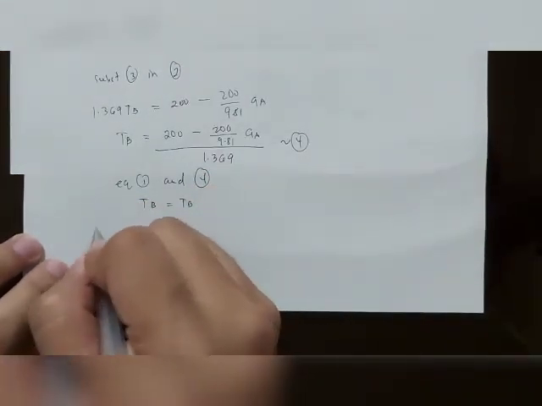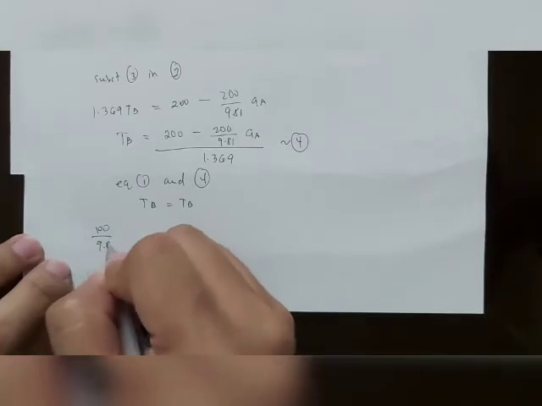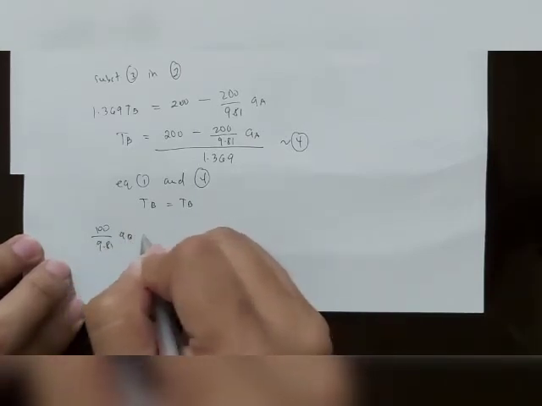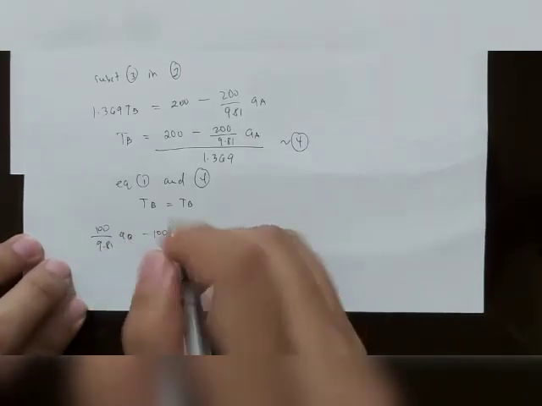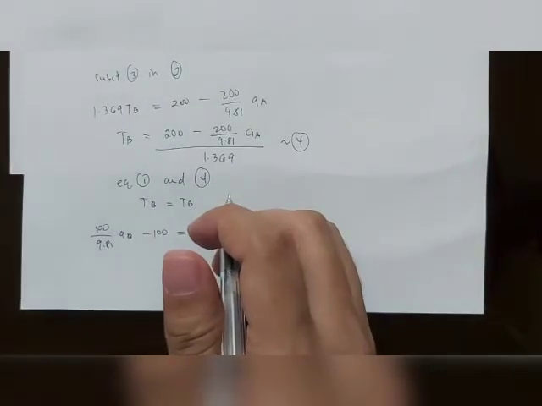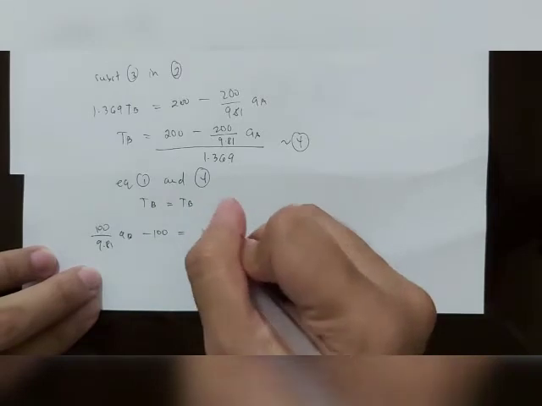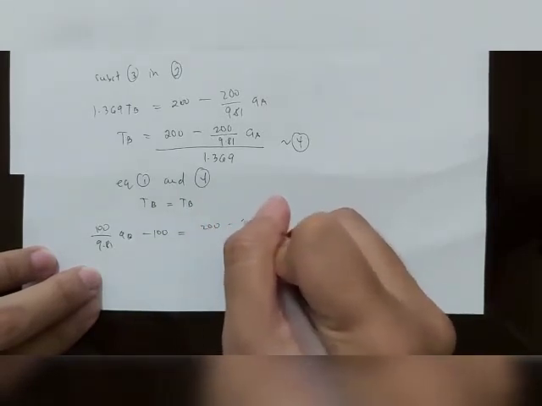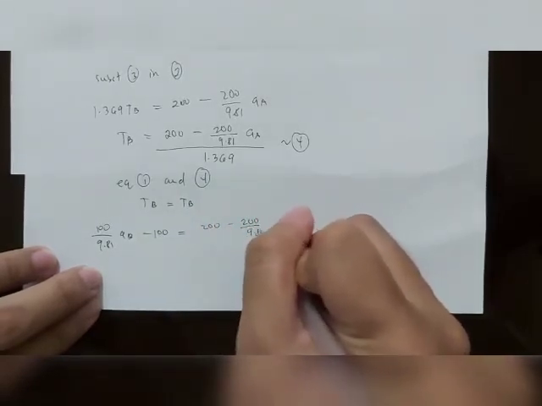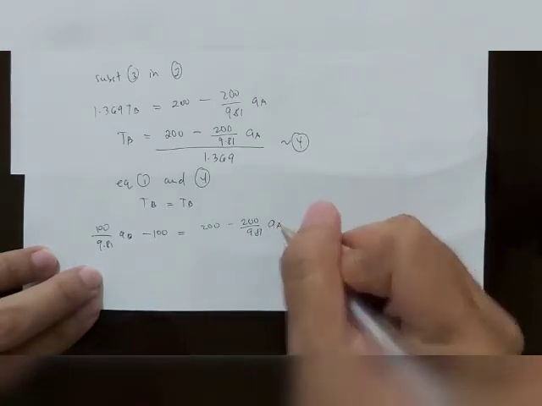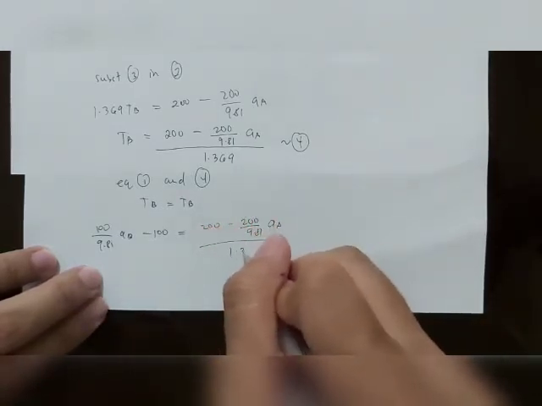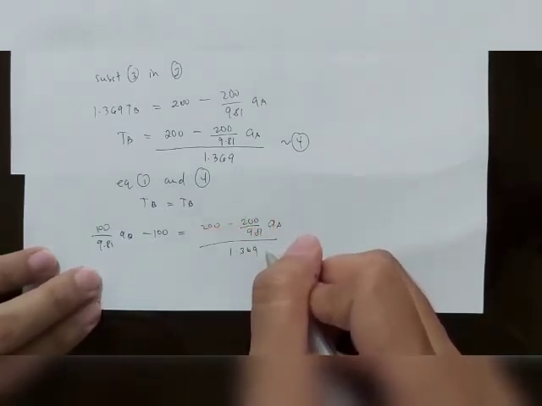We have TB is equal to 100 all over 9.81 times acceleration of B minus 100, and it is equal to the TB of equation 4, which is 200 minus 200 all over 9.81 times the acceleration of A all over 1.369.